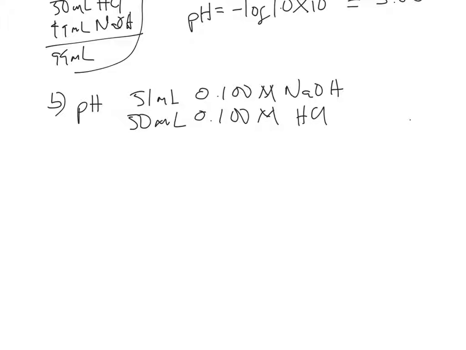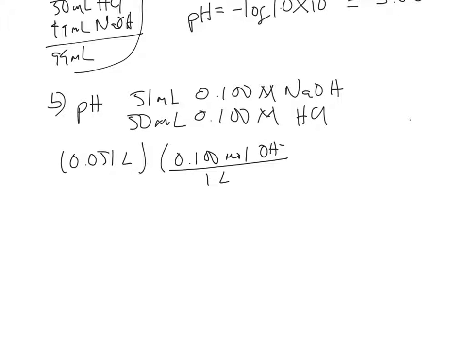Okay, so for this we need to look again for the moles of each one. So let's look for the moles here. This will be the volume, 0.051, in this case liters, times 0.100 moles of OH divided by 1 liter.